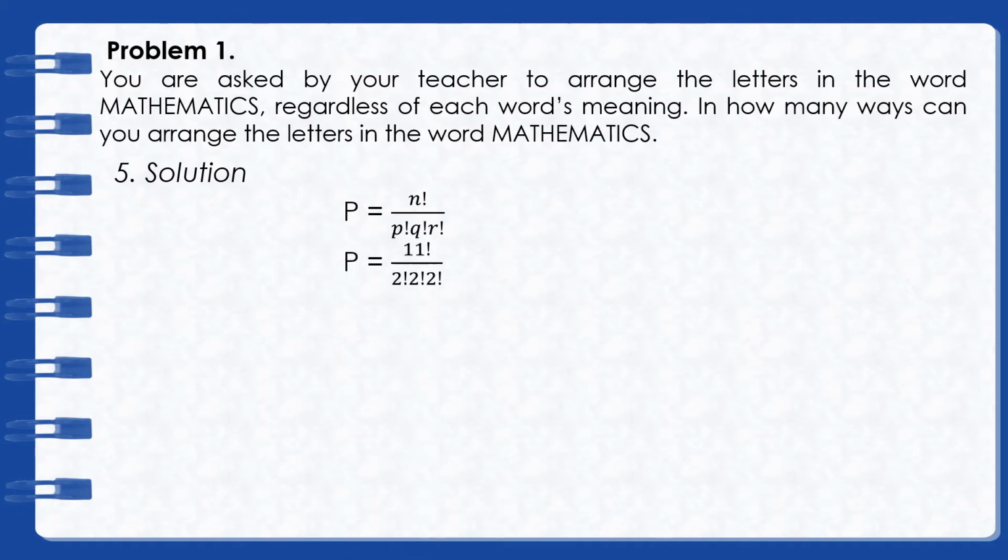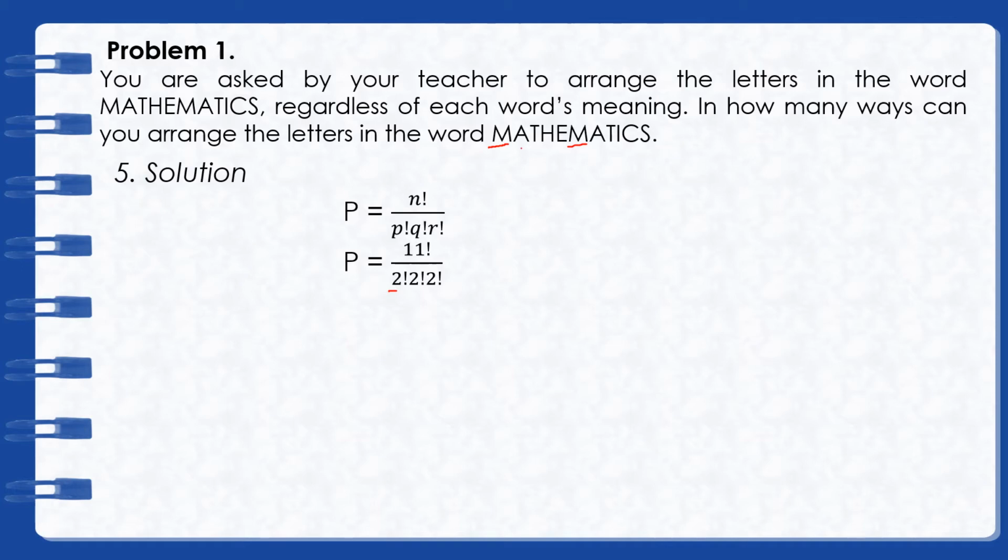And then we have here in our denominator 2 factorial multiplied by 2 factorial multiplied by 2 factorial. So again, in the word mathematics, you can see here that the letter M is written twice. Or we have 2 letter M, so it is equal to 2 factorial.